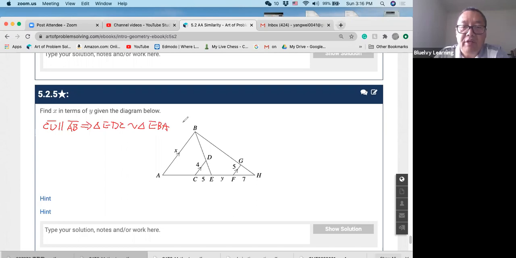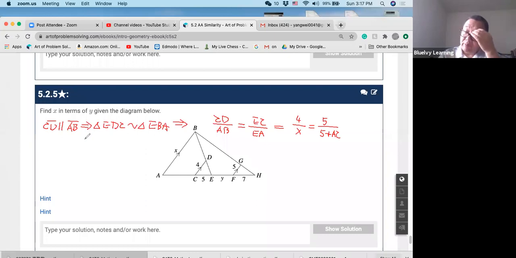So from here you can get CD over AB equals EC over EA. Then if you plug the numbers here, you get 4 over x equals 5 over 5 plus AC. We don't know AC yet, okay? From this pair of similar triangles, you can get this.